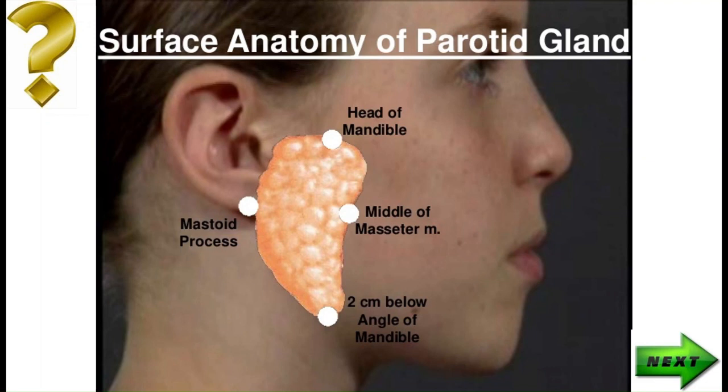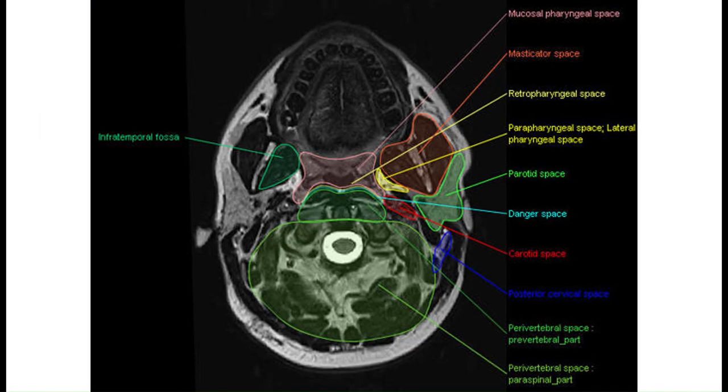So a problem there, we have to decide which structure is involving this lesion, which is not easy. What is this? This is an MRI, magnetic resonance imaging, of a horizontal section in the head, in the parotid area.